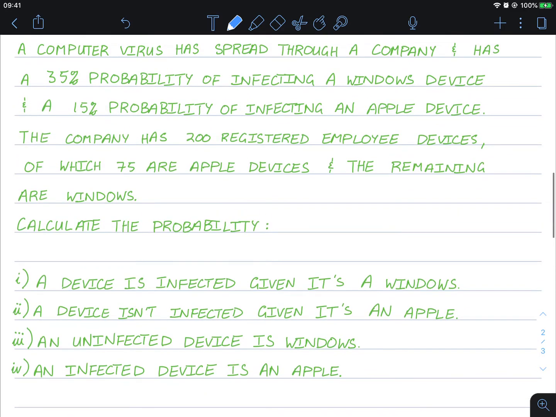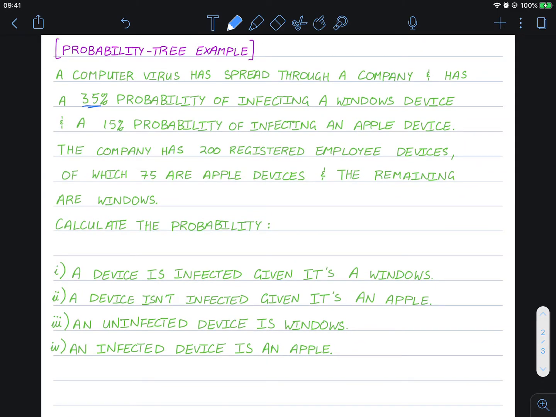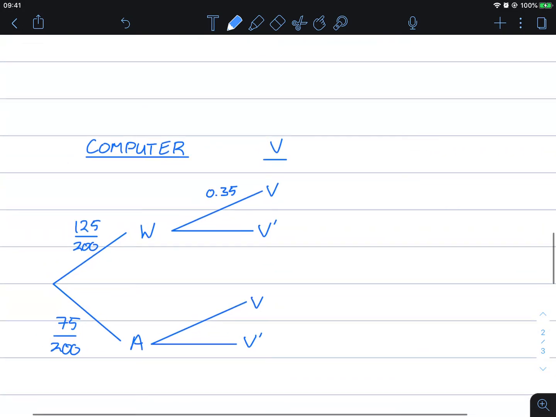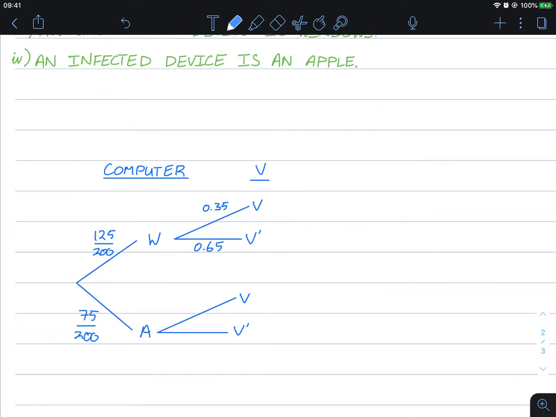Now it's stated that it has a 35% probability of infecting a Windows device. So this will give us 0.35, which means the remaining amount is not infected with a virus.